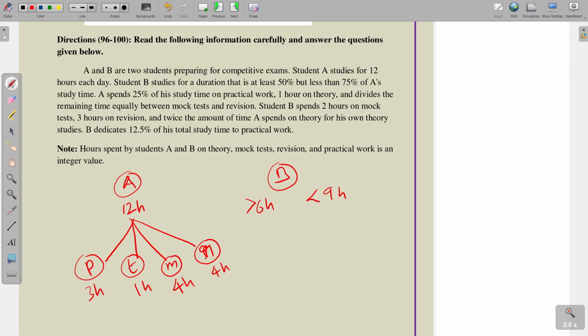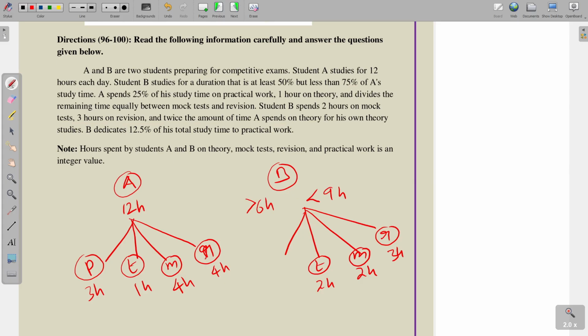In the same way, next they have given what? Student B spends 2 hours on mock test, 3 hours on revision, and twice the amount of time A spent on theory for his own theory studies. Twice the amount of A's theory is 2 hours.